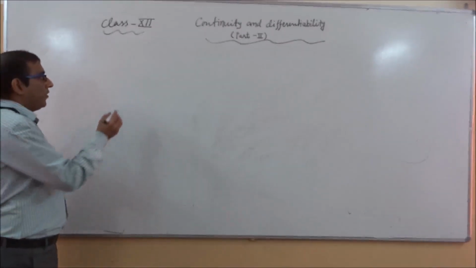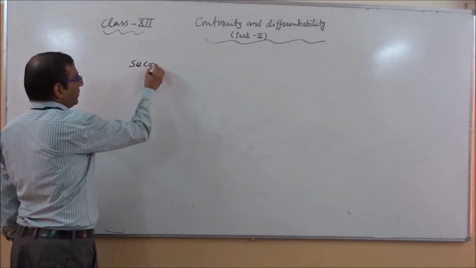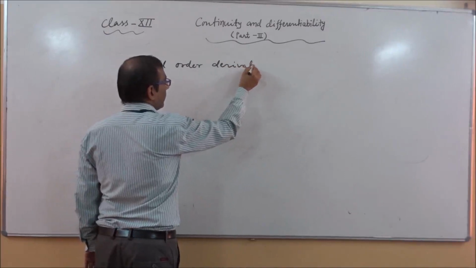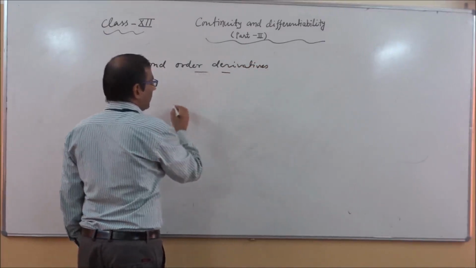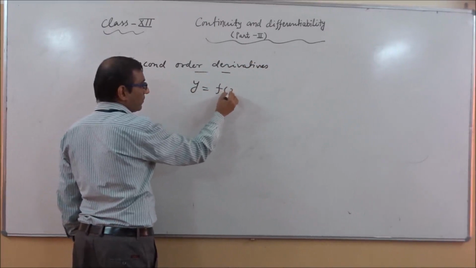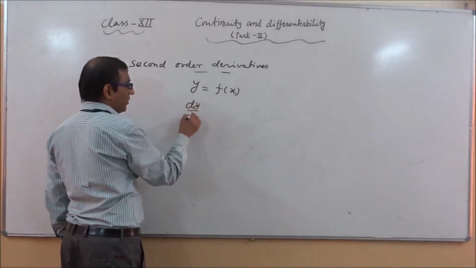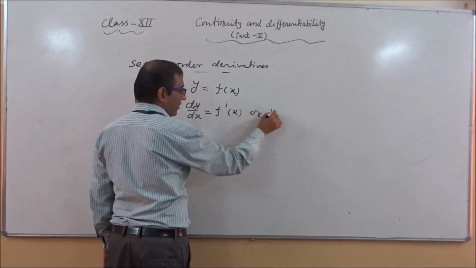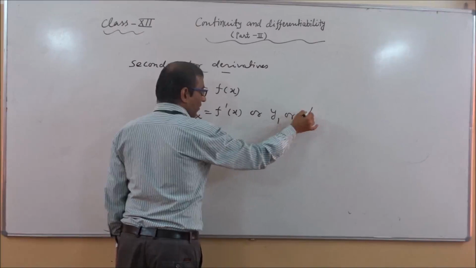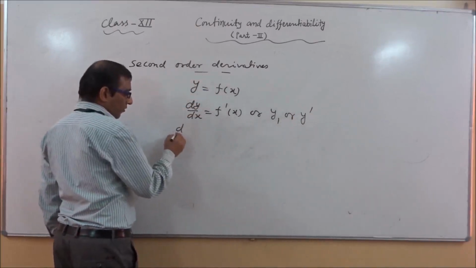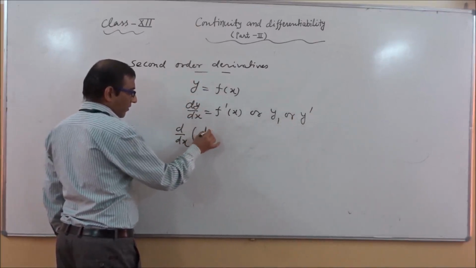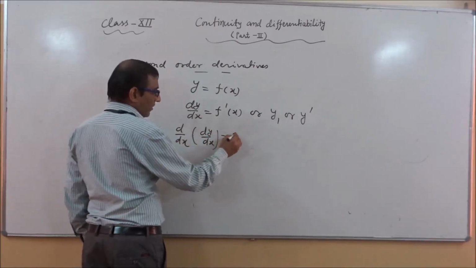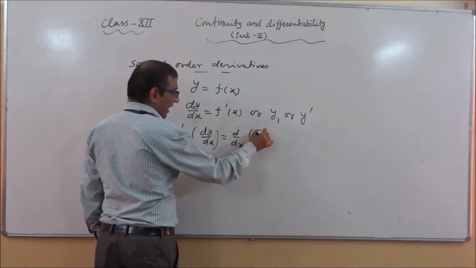Now I am continuing with the last concept of this chapter, that is second order derivatives. As you know, y equals f(x), and when we go with differentiation, it can be written as f dash x. It can also be written as y1 or y dash. Now again, if we do the differentiation, it can be written as d by dx of dy by dx, and this is d by dx of f dash x.